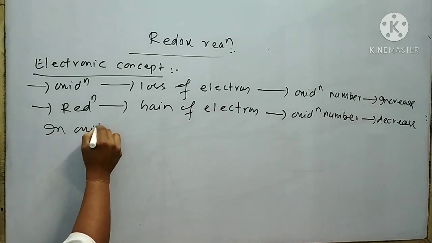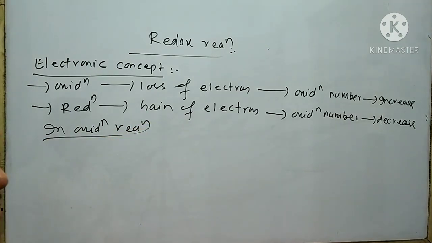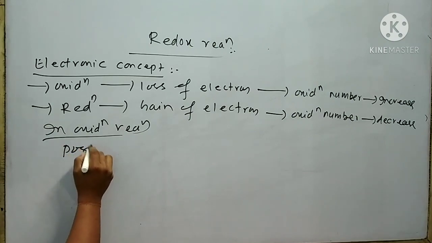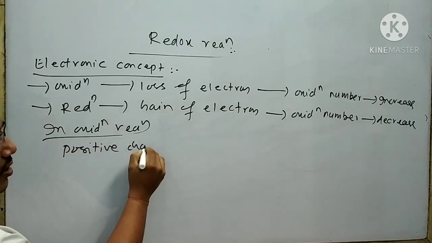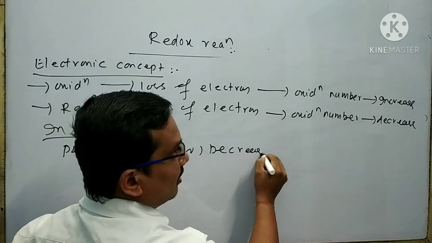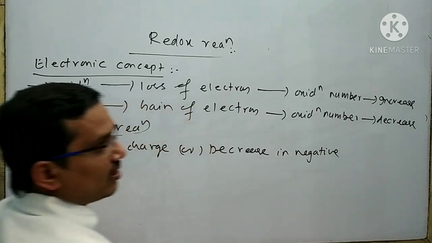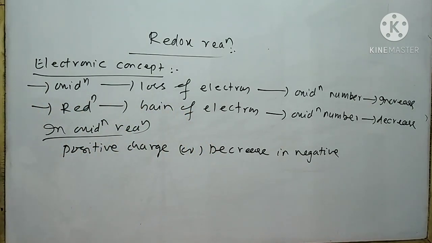In oxidation reaction, due to loss of electrons, there is an increase in positive charge or decrease in negative charge of the atom or ion undergoing oxidation.